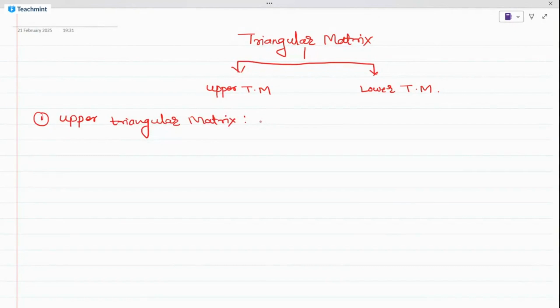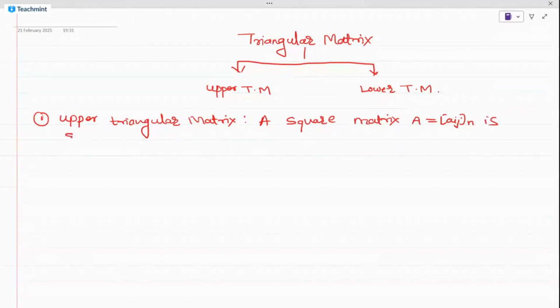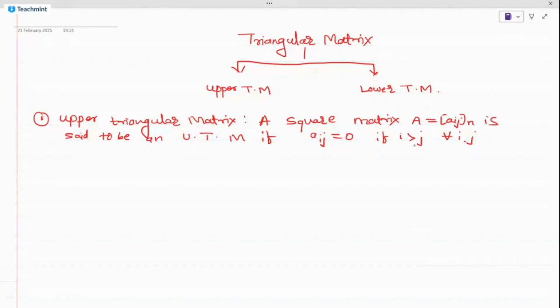Definition: a square matrix A equal to Aij is said to be an upper triangular matrix if the condition on the entries of the elements is Aij equal to 0 for all i greater than j. It is the definition of the upper triangular matrix.